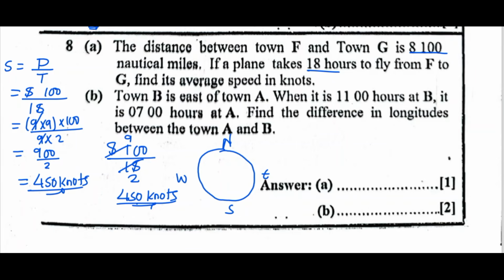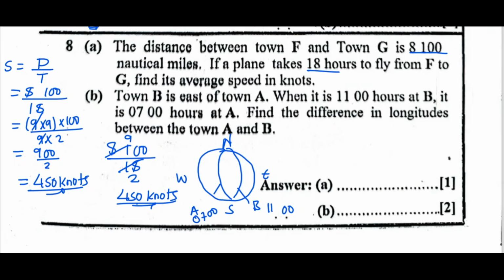Town B is east of town A. So A is somewhere here. Then B, we are told is east, so it's somewhere here. When it is 11 hours at B, it is 07 hours at A.